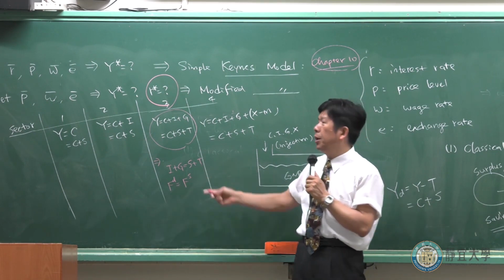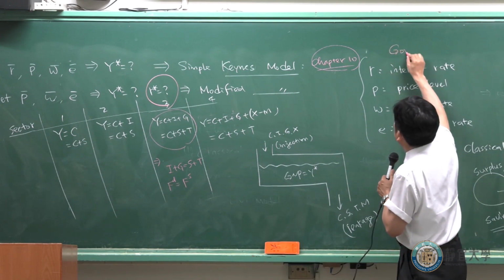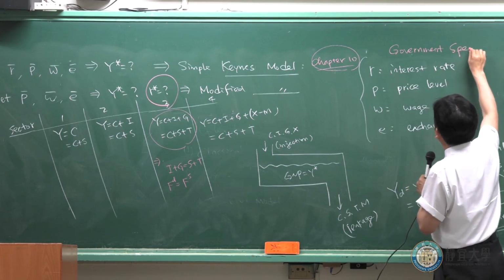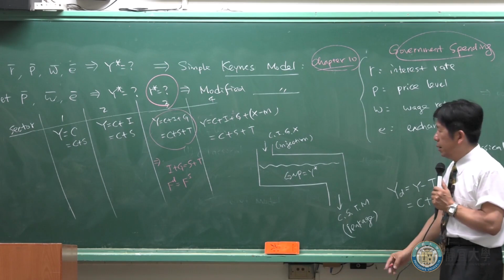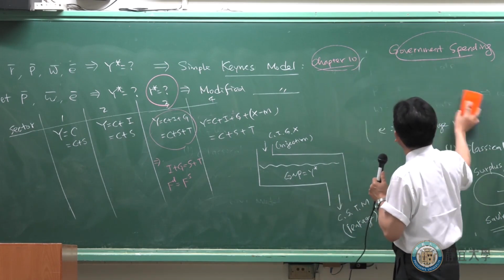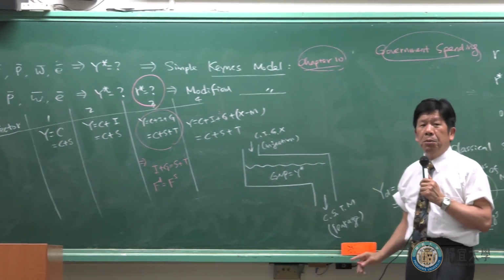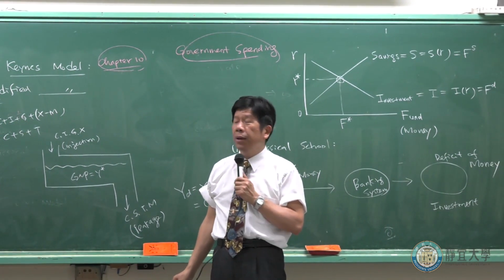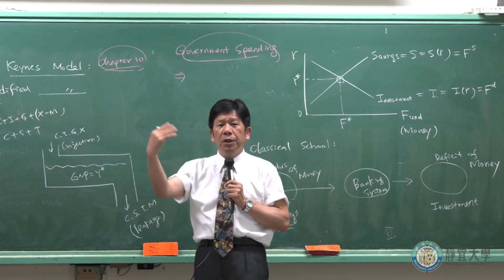Okay? So can you imagine, the government wants spending. How to find the money? I mean, one day you become president in your country, and you want to construct your country.